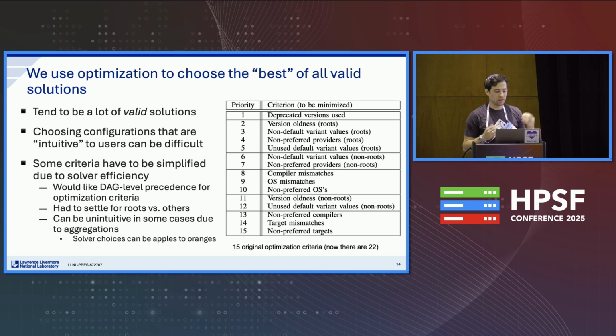Getting that right is unintuitive, and there are still places where we're not completely happy with it. We'd like to have precedence based on how far from the root you are, but that's a technical challenge to make perform. So that was challenge 1.